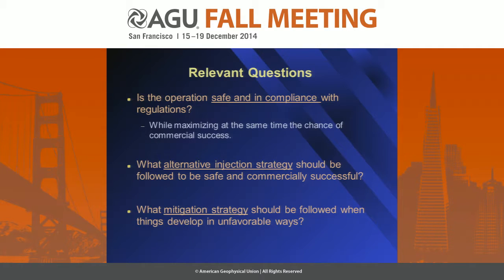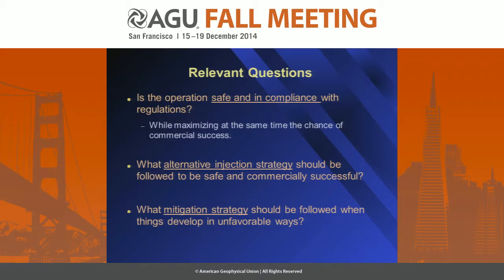So what are the questions in terms of mitigation, in terms of facilitating the development of energy projects and keeping it safe? That is not an easy question to answer. There are all sorts of different things going on in terms of technical and public reaction, in terms of interaction of the regulatory agencies and the policymakers.